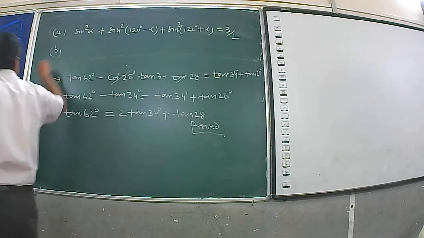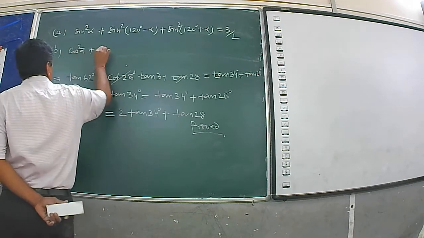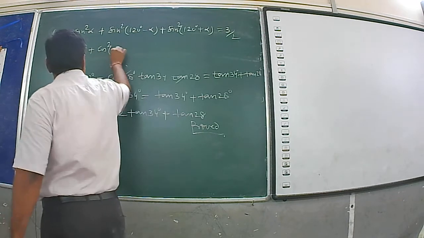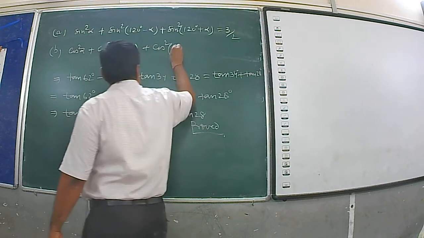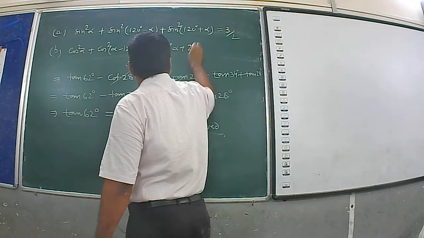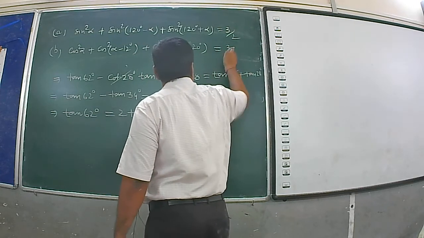B question: cos square alpha plus cos square alpha minus 120 degree plus cos square alpha plus 120 degree is equal to 3 by 2.